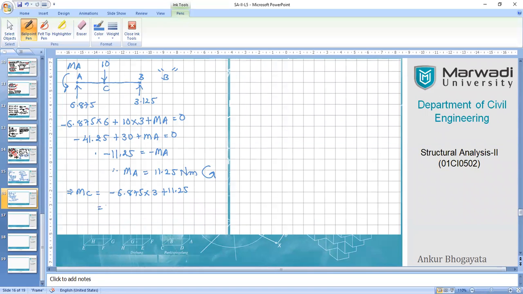So 6.875 into 3, that is 20.625 minus 11.25, it gives me 9.375, that is negative 9.375 Newton into meter. And obviously it is clockwise because it is negative. So this is MC. Now we are almost done with all the requirements to develop the bending moment diagram.